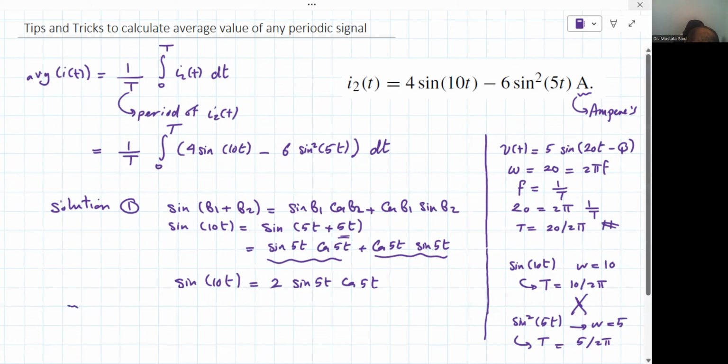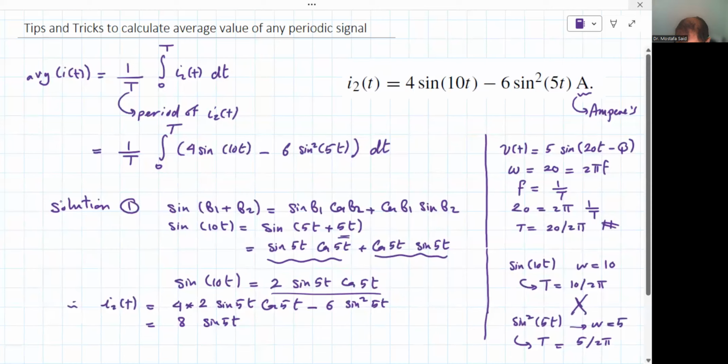So I2 of t equals 4 multiplied by 2 sine 5t cosine 5t minus 6 sine square 5t amperes. 4 multiplied by 2 is 8. So 8 sine 5t cosine 5t minus 6 sine square 5t.